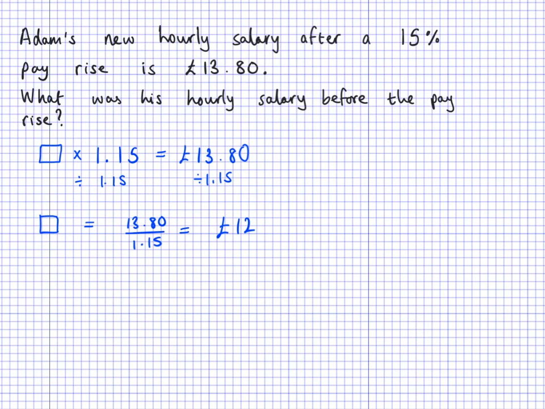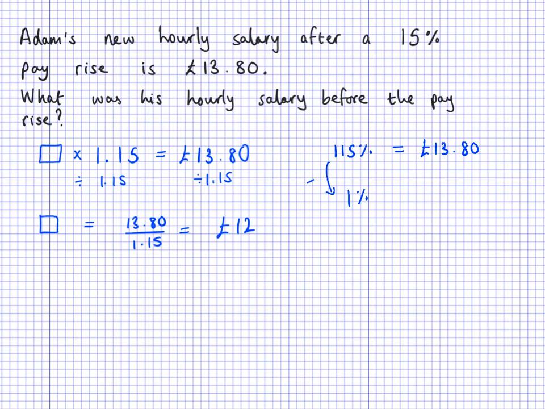And if I did it the other way, I would have said 15% increase. So 15% increase from 100% would mean 115%. So I could have said 115% is equal to £13.80. So I make this equation. I set 115% to be £13.80. Let's go to 1% because that's always easy.